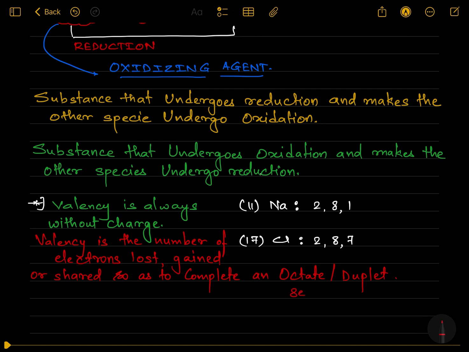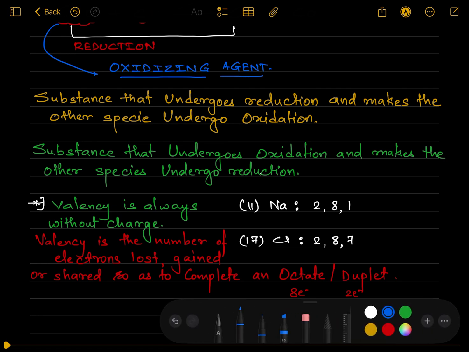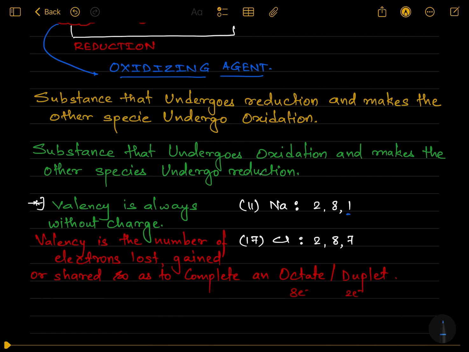Octet means 8 electrons in the outermost shell, the valence shell, and duplet means 2 electrons in the valence shell. Now, if I talk about sodium, sodium has 1 electron in the outermost shell, right? And because he has 1 electron, he has 2 options.